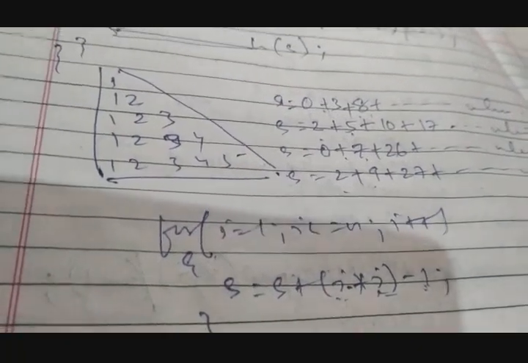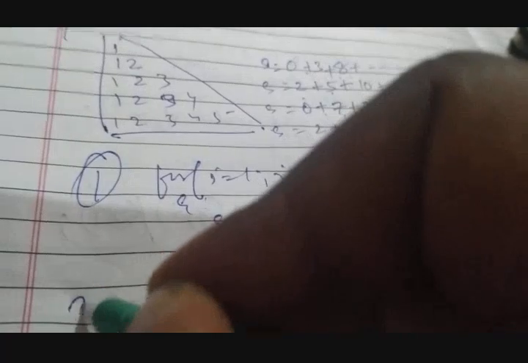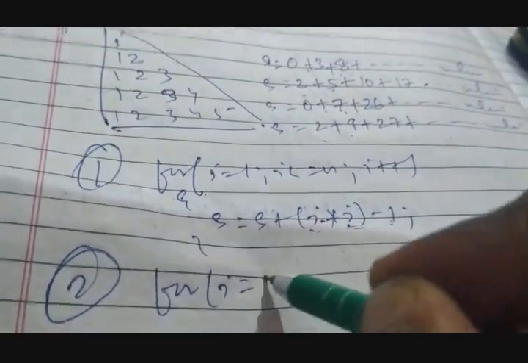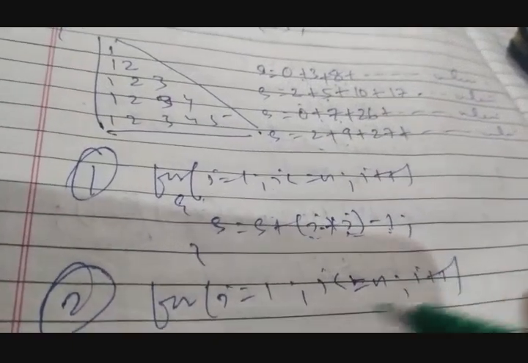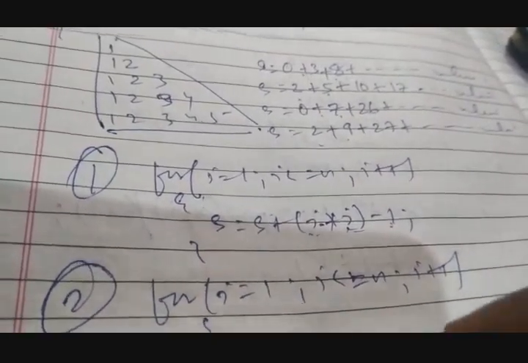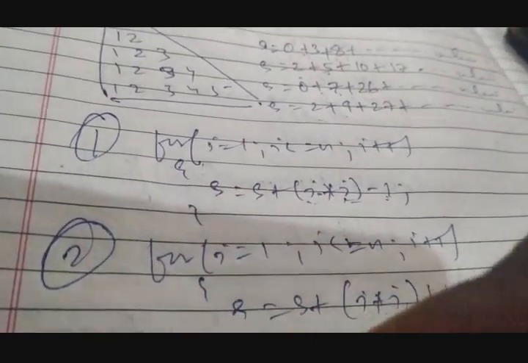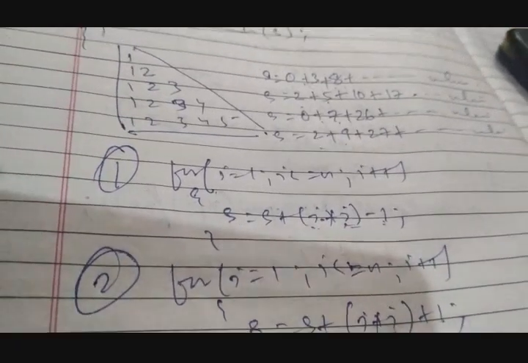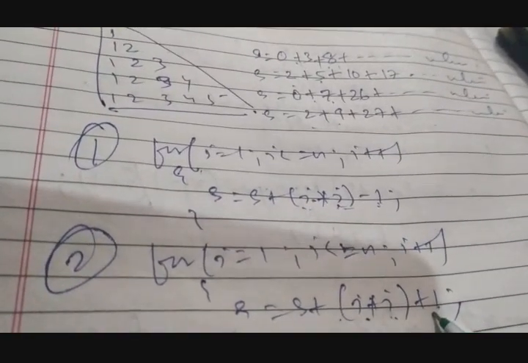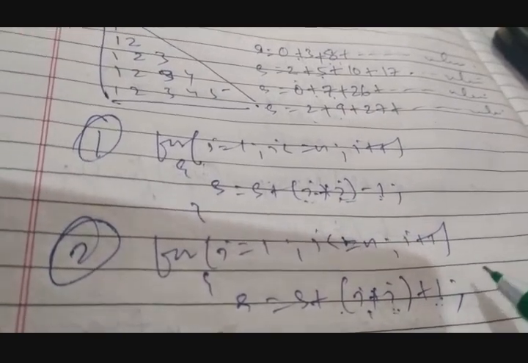Is it? The second one, this is the first one, this is the second one. For i equals to 1, i less than equals to n, i plus plus, so it is s equals to s plus i into i plus 1. 1 into 1, 1, 1 plus 1, 2, 2 into 2, 4, 4 plus 1, 5, 3 into 3, 9, 9 plus 1. Are you getting it now?